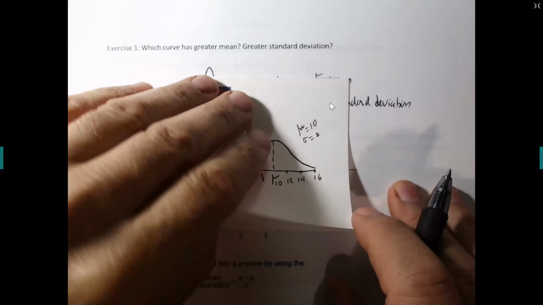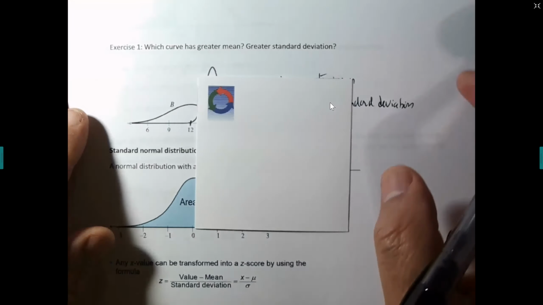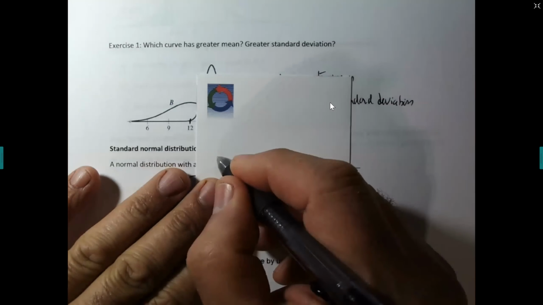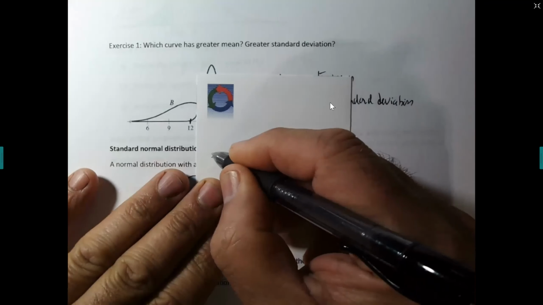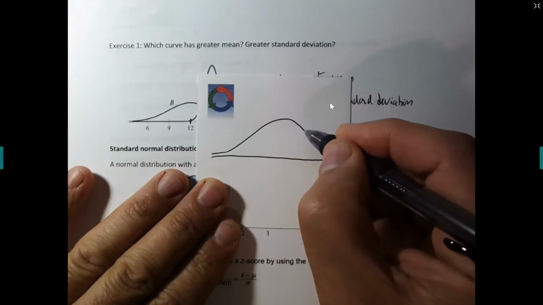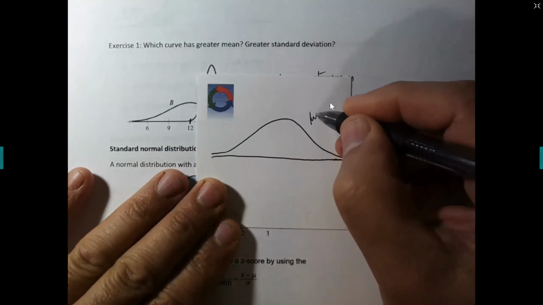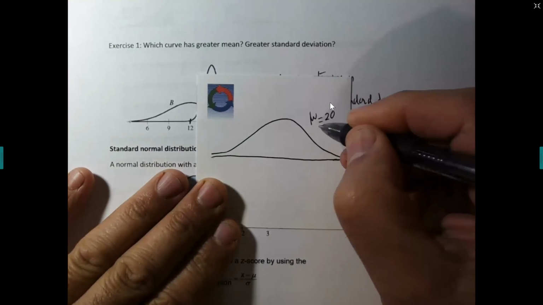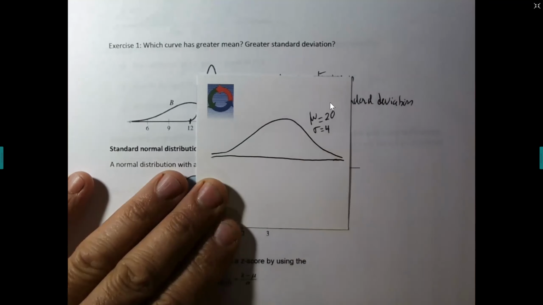All right. Now I'm going to draw this normal curve, guys, with the mean, let's say 20, and standard deviation 4.